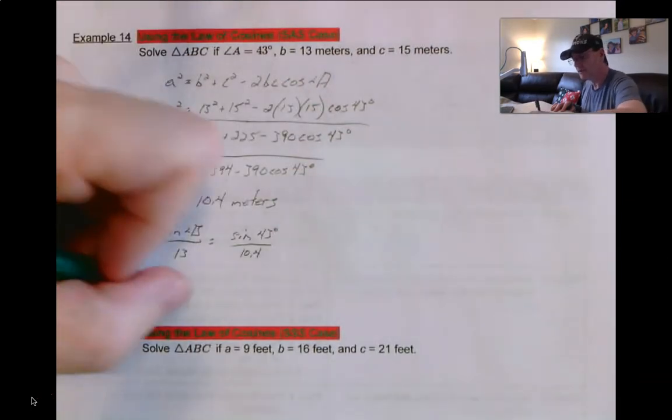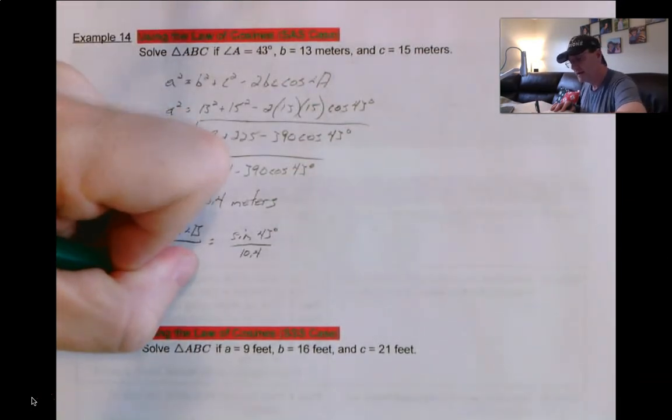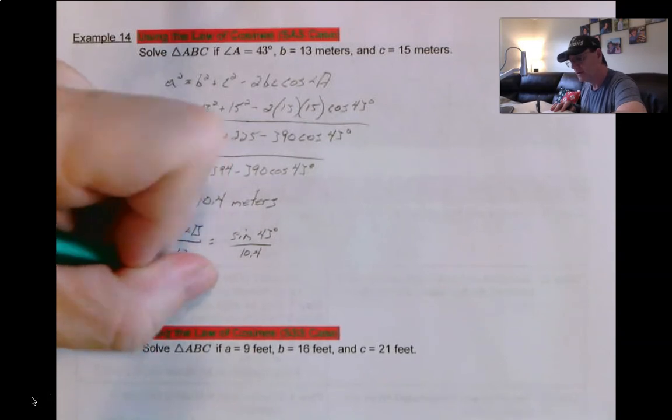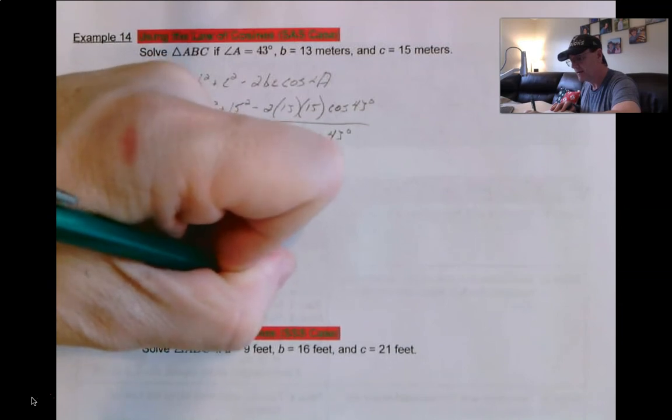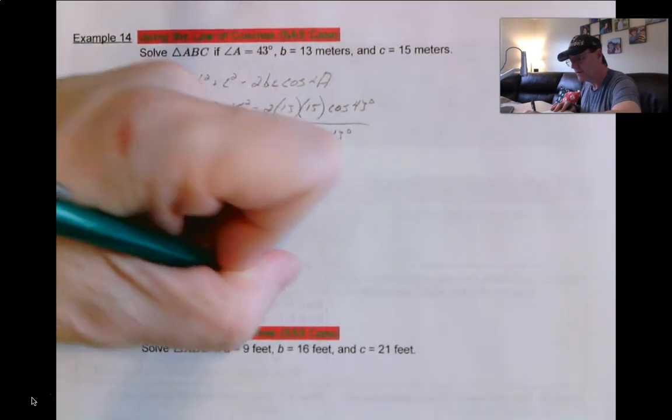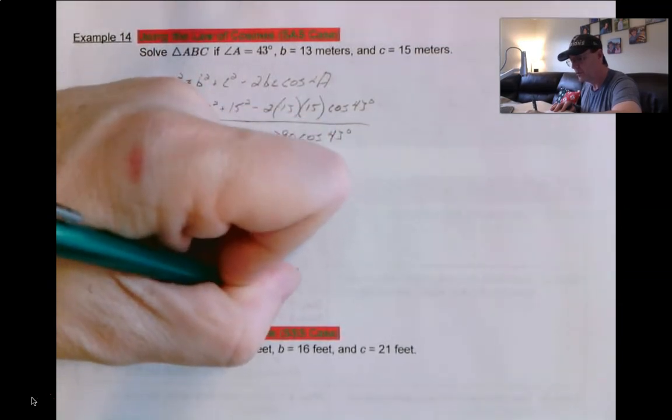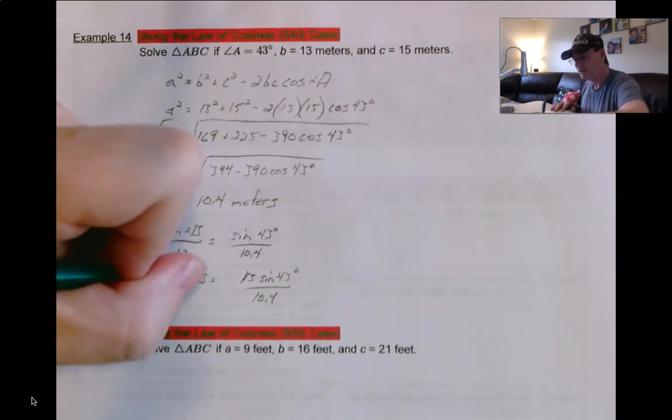Multiply both sides by 13: sine angle B equals 13 sine 43 degrees over 10.4. Do the inverse sine of both sides.